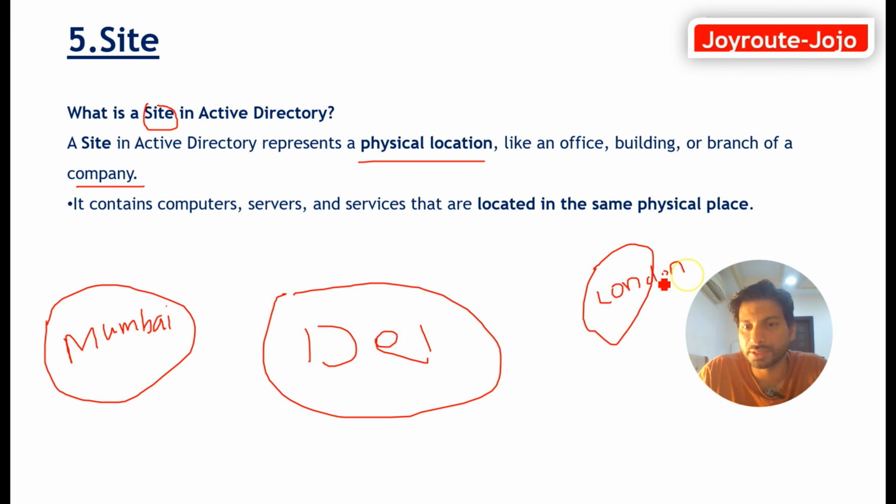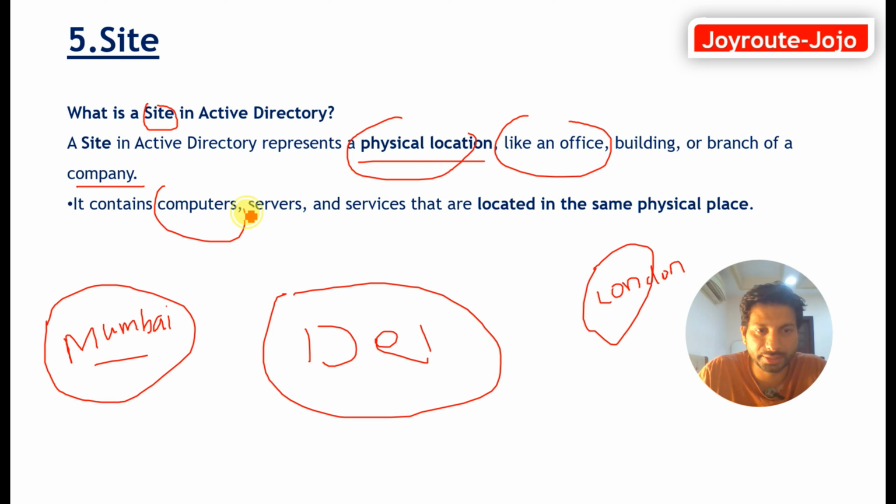In each site you can have different domain controllers. It's a physical location. You can have an office there, a building, a branch, and it contains computers, servers, and services that are located in this physical location. Here you have computers, servers, and services in this physical location.